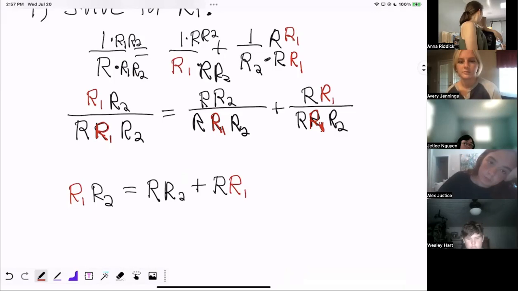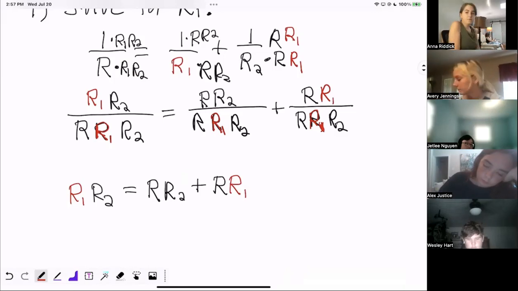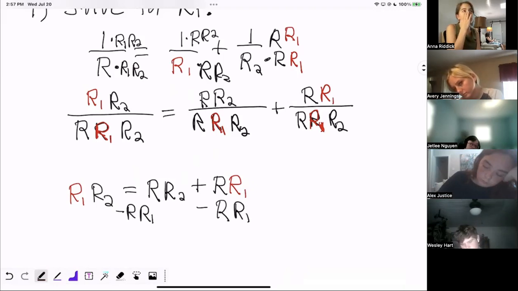So here's the trick. This is the one you have to be really careful with. See how I have r sub 1 on two sides? And they're in different parts. So first thing I have to do is get r sub 1 on the same side. So I am going to subtract r sub 1 from both sides and get them together.